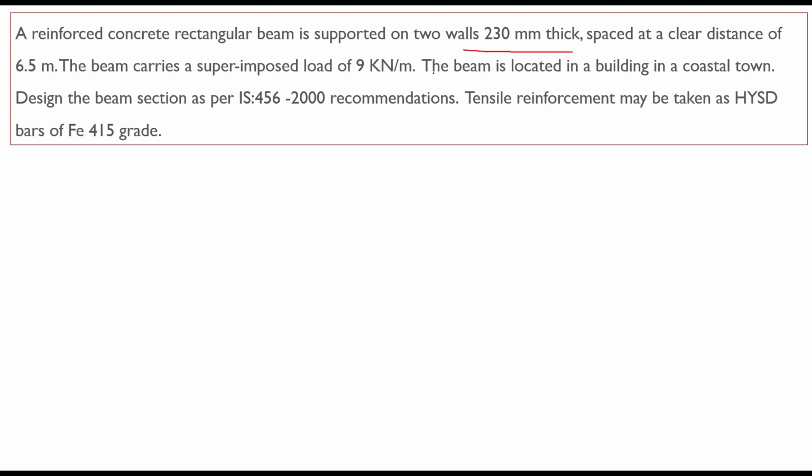So one thing is very clear, that this beam is a case of a simply supported beam, because it is supported directly on two brick walls 230 millimeter thick, and these two walls are spaced at a clear distance of 6.5 meter. So clear span is given in the design problem, that is 6.5 meter.